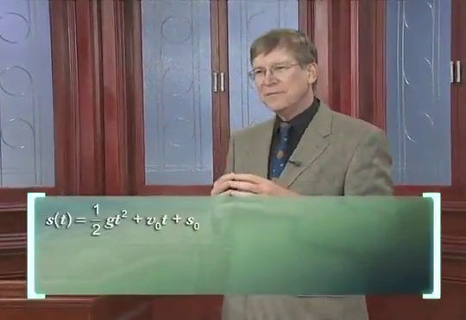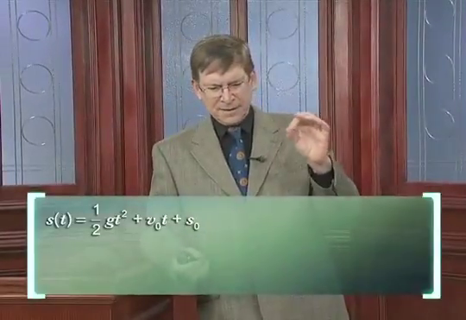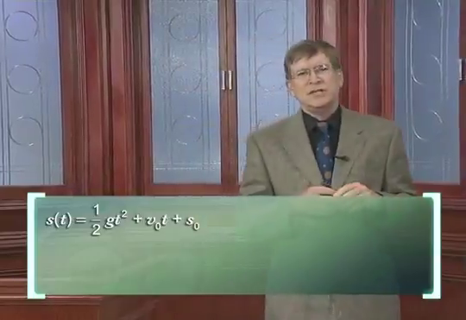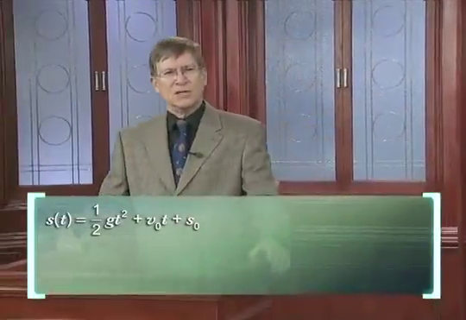You recall that we developed the formula for a falling object last lecture. It was the position function of a particle under the influence of gravity, assuming no air resistance, given by 1/2 gt squared plus v sub 0 t plus s sub 0.